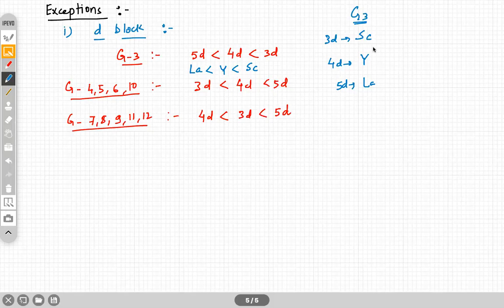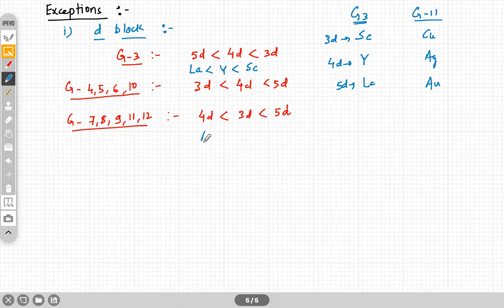That is group 11, right? Right. So group 11, you see, the elements are copper, then Ag, and then Au: 3D, 4D, and 5D. So group 11 belongs to this. So 4D has the least, okay.